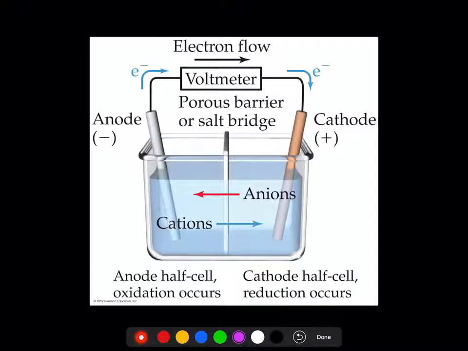If we take a look at this next one, here we have the exact same thing. We have electrodes, we have the flow of electrons, we have something that measures our flow of electrons or shows us that electrons are flowing.